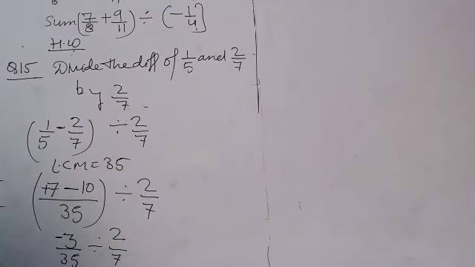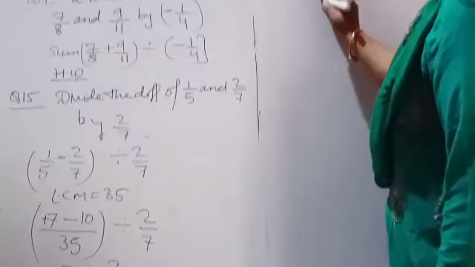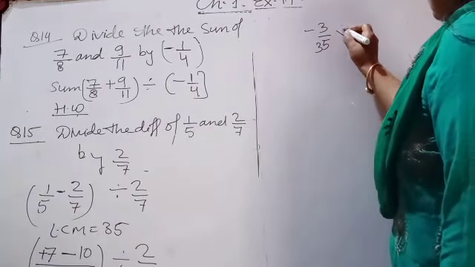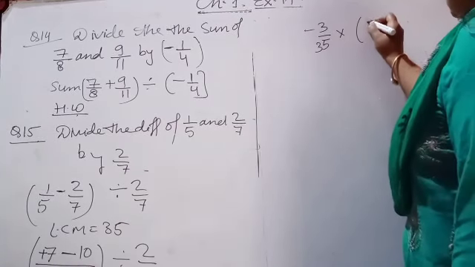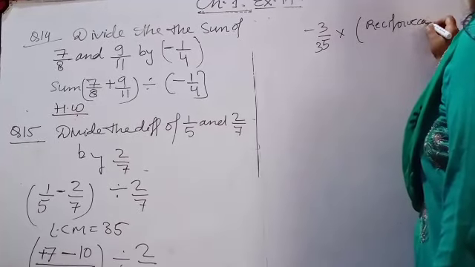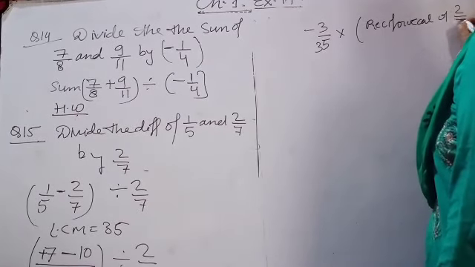Now it will be minus 3 upon 35, divide converted into multiply, and take the reciprocal of 2 upon 7.